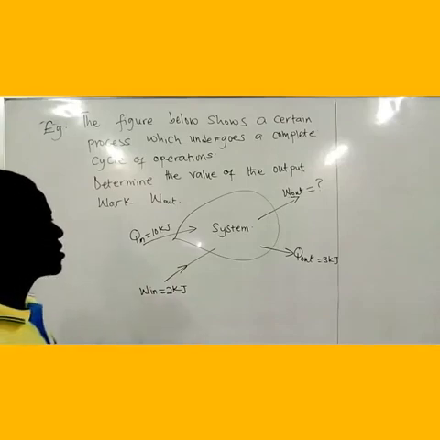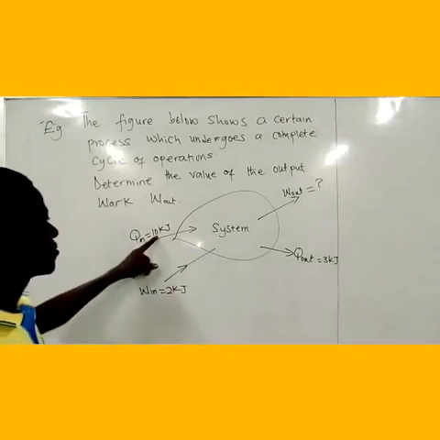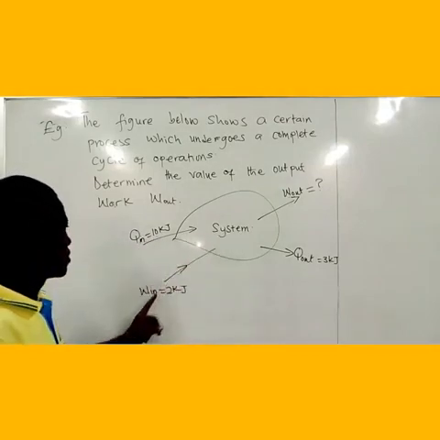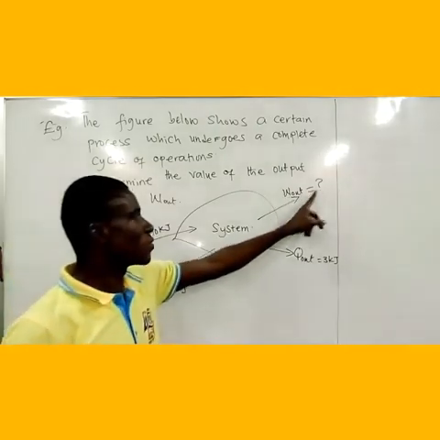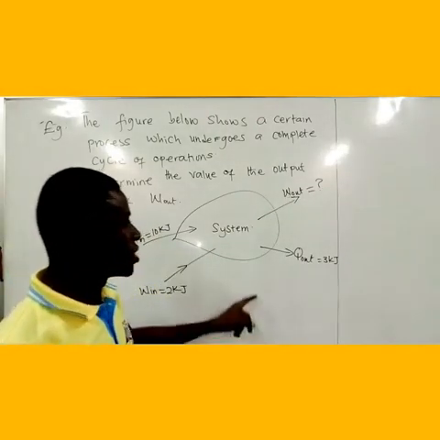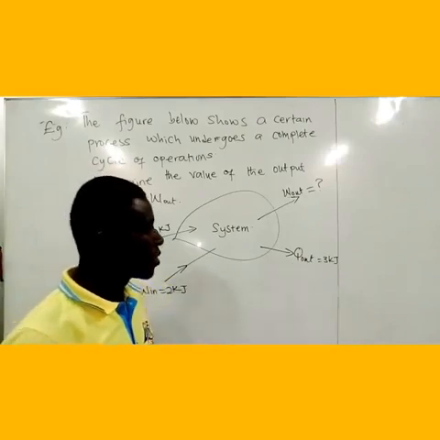Now, if you look at this system, we have heat given into the system, work into the system, work out from the system, which we have to determine, and then heat out from the system.